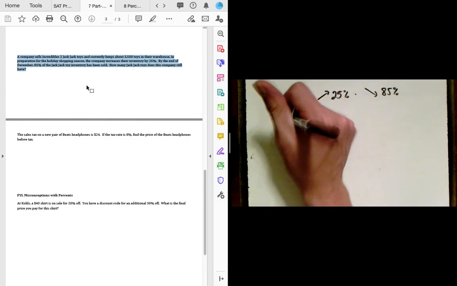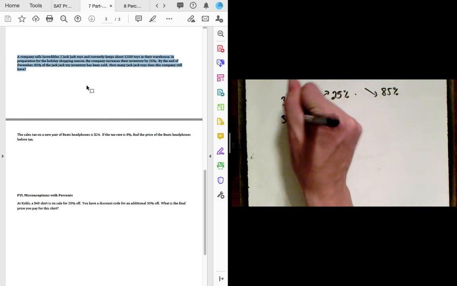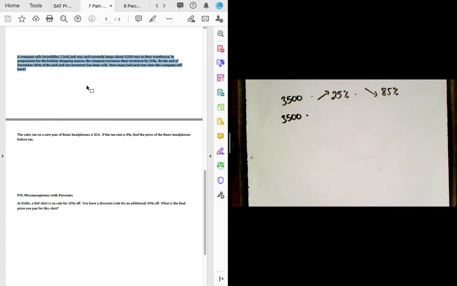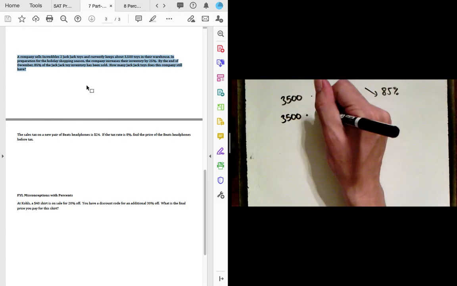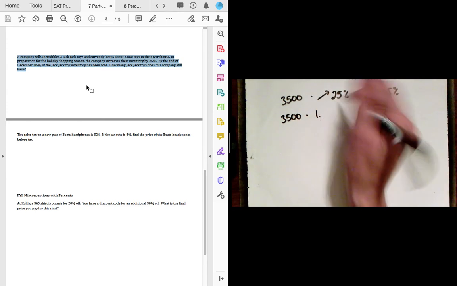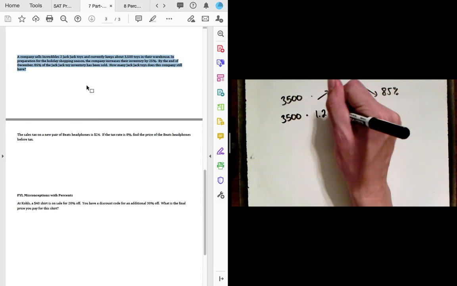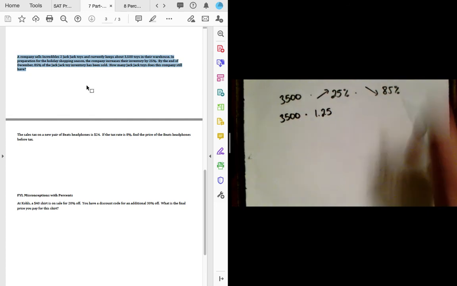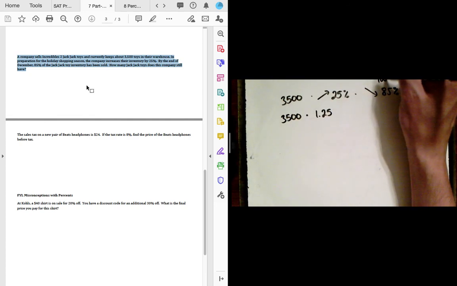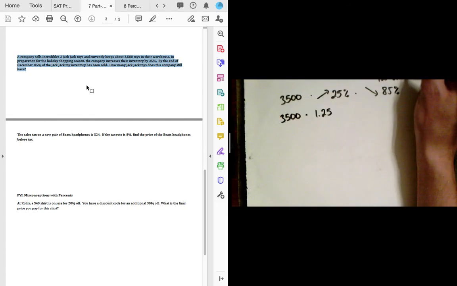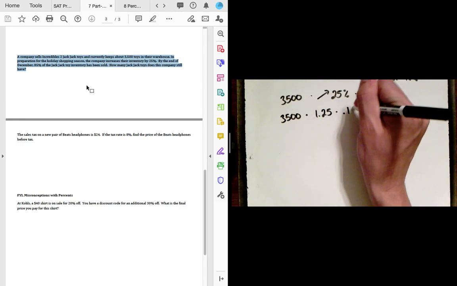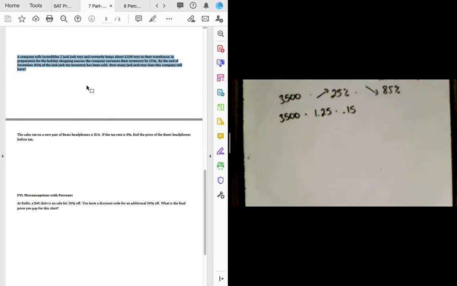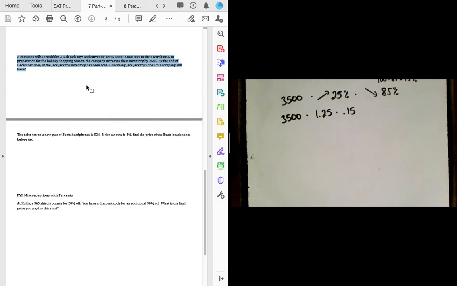So we're going to go 3,500 times, always multiplying with the multiplier, an increase of 25% is 1.25 as a multiplier. A decrease of 85% would be 15% left over, or 0.15. And what I'm going to do now is I can take care of all three of those in one step.